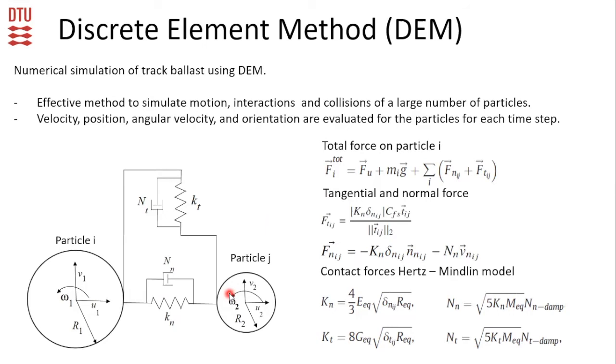The discrete element method is based on Newton's second law, and the forces on all particles are calculated for each time step too. The total force on particle I is illustrated here. Here, Fu is an external body force, mg is the force caused by gravity, Fn and Ft denote the normal and tangential forces between the particles I and J. Fn and Ft are calculated for particle interaction using the normal stiffness and damping and tangential stiffness and damping as illustrated here.